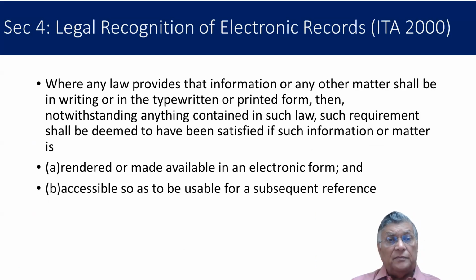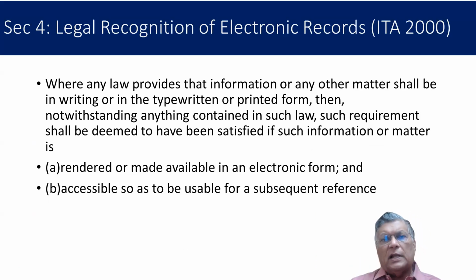And it says that where any law provides that information is to be given in writing, etc., it is deemed to be satisfied if such information is rendered in electronic form and accessible so as to be usable for a subsequent reference.